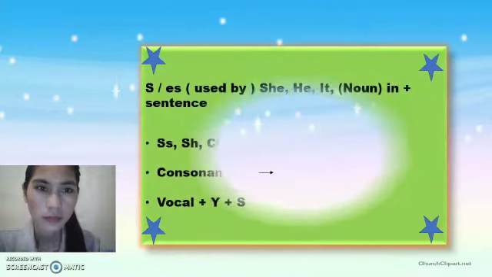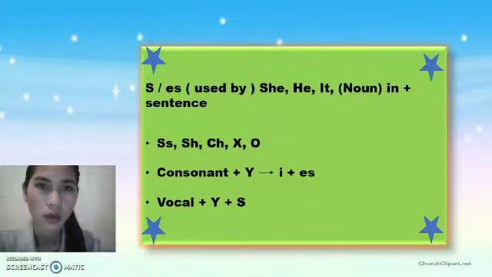Next I will explain more about s or es, used by subject she, he, it, especially in positive sentence. For example, the word at the end s, sh, ch, x, or o.